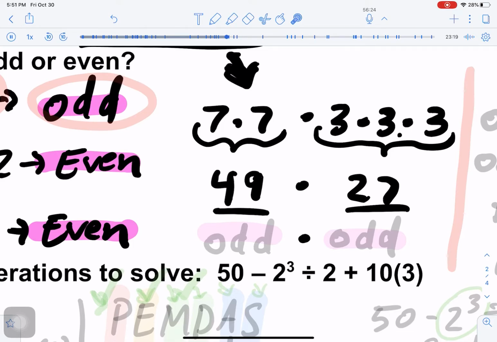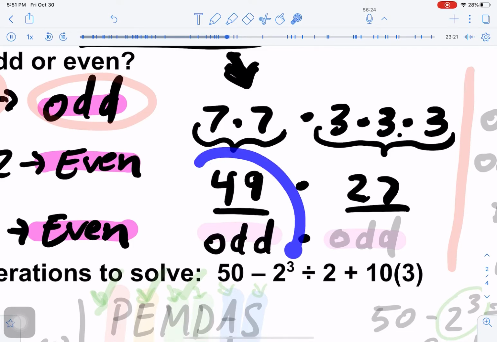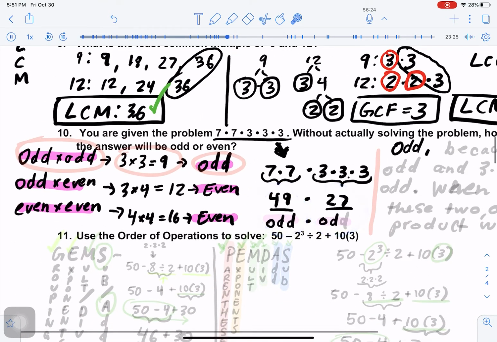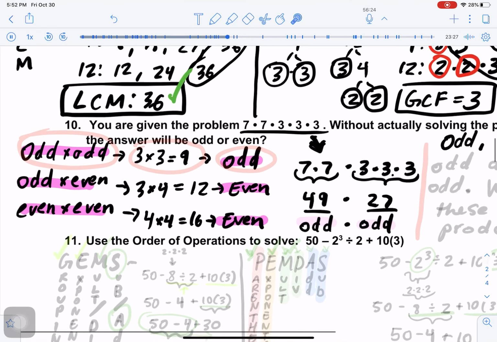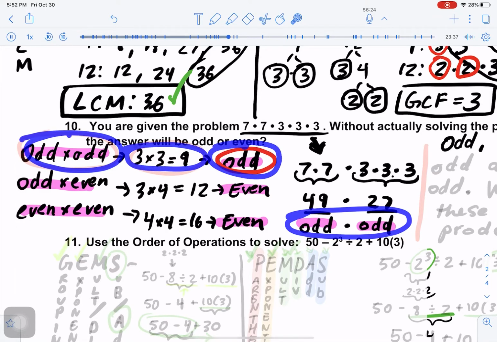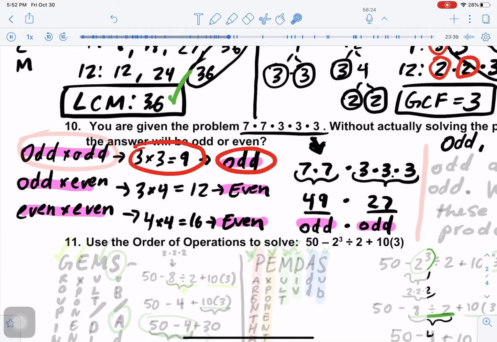What this means is we are multiplying odd times odd, which tells us that when you multiply odd times odd, we are going to get an odd number because of what we found before.